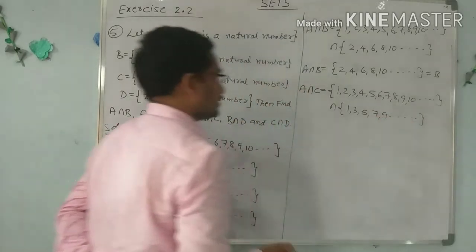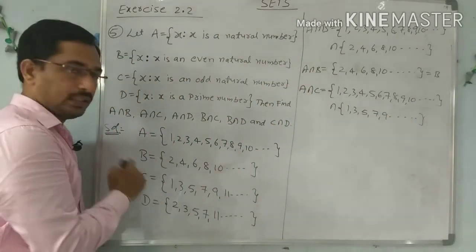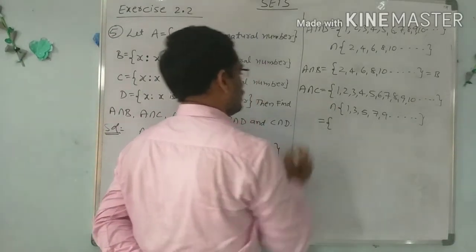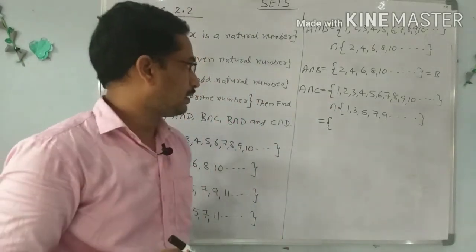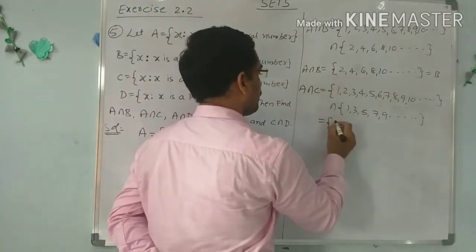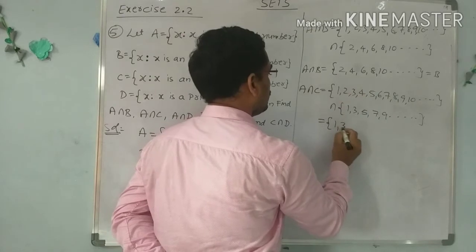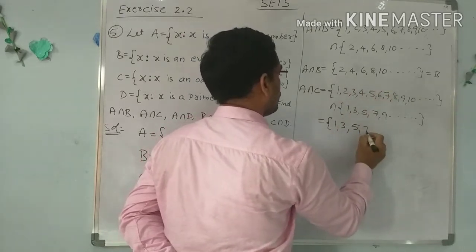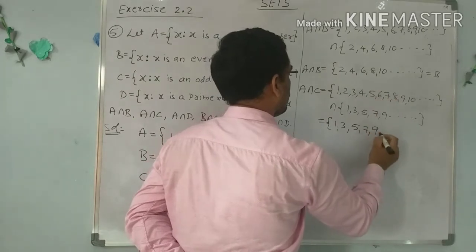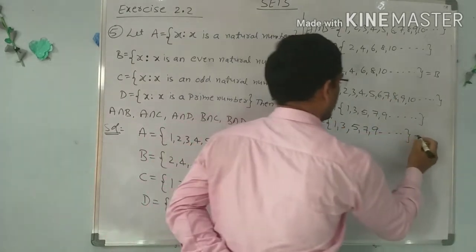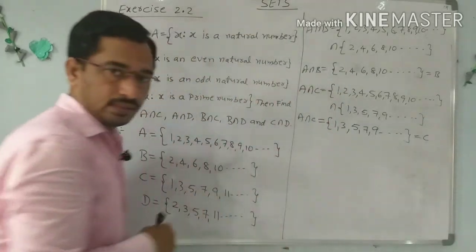These are the odd numbers, the elements of set C. Intersection means again the same process. The common elements are those that lie in both sets: 1, 3, 5, 7, 9 and so on. So A intersection C gives again the same set C.